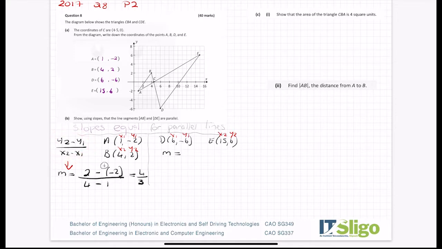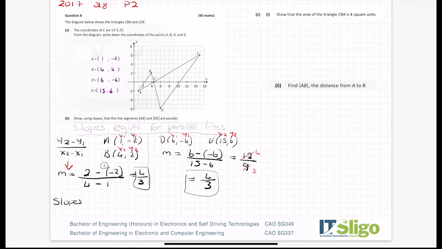So slope is equal to y2 minus y1 over x2 minus x1. So I'm getting 12 over 9 for that. And if I reduce that down, and you can see that 3 divides into it, or if you can't see that, don't be afraid to put 12 over 9 in your calculator, and your calculator will give it to you in its simple form. Okay, slopes are equal.